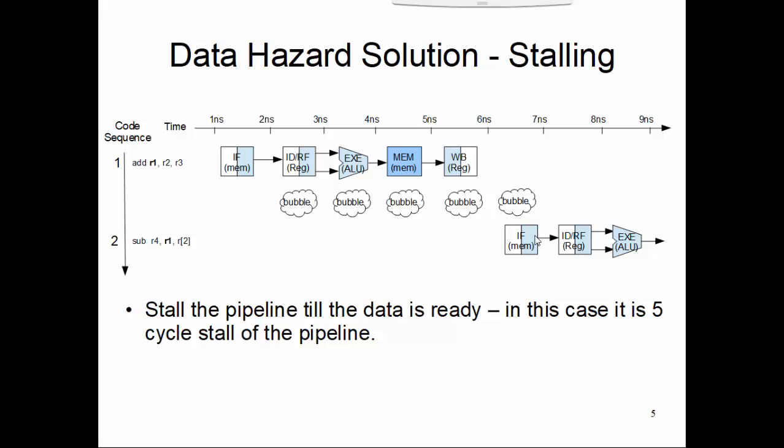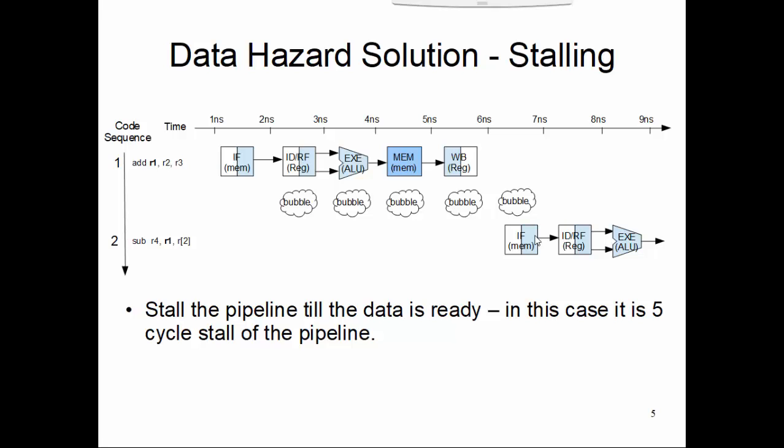And if you look at the instructions in your programs, successive instructions actually depend on data computed by the previous instructions. So this scenario is pretty common, and for most instructions you would need to wait till the write back stage is done.